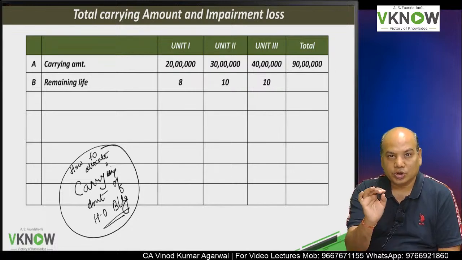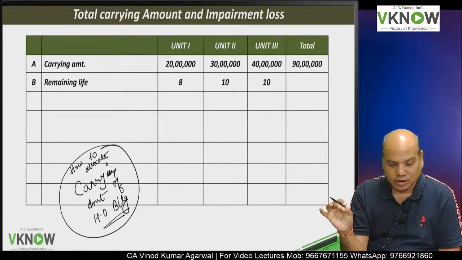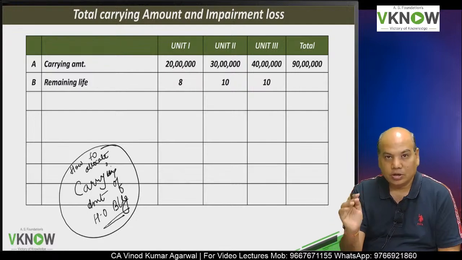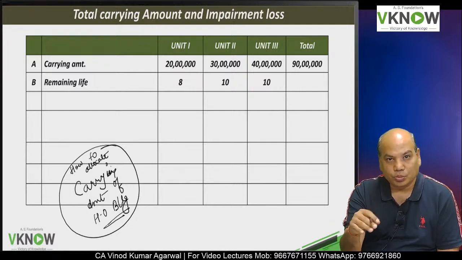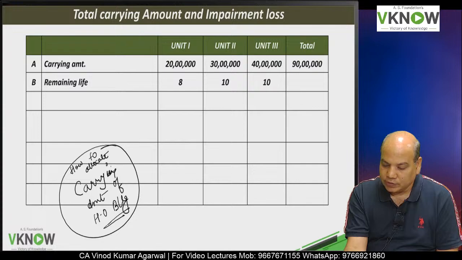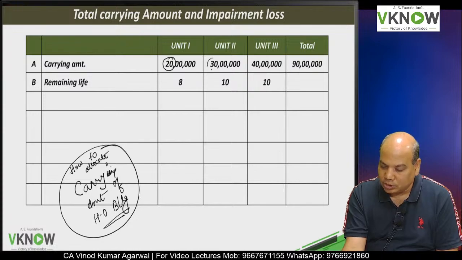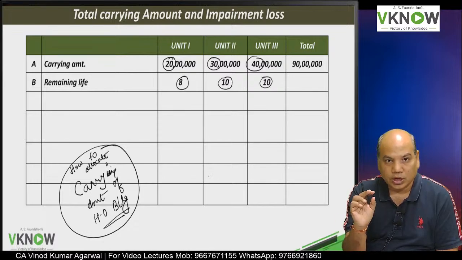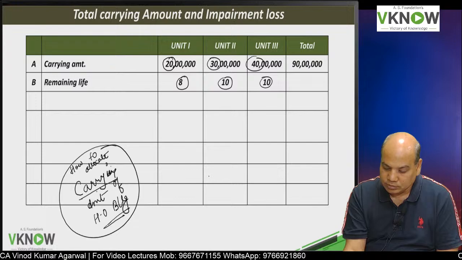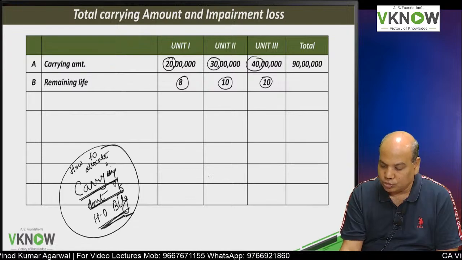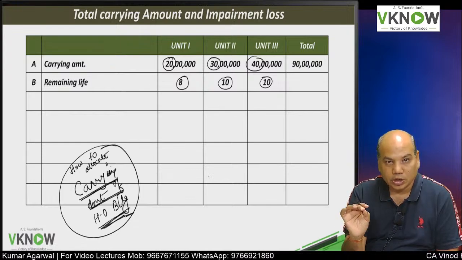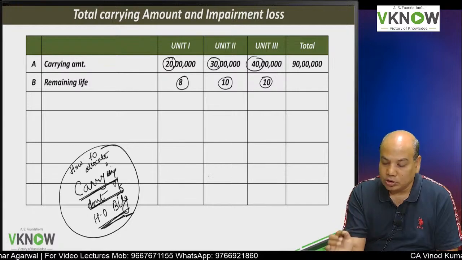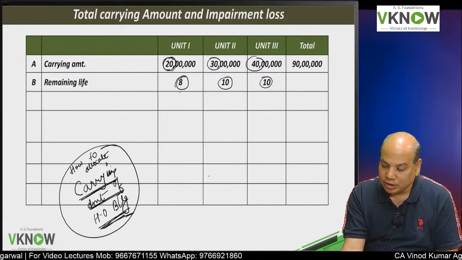So what the institute has done in the current example we are solving is that they have given weightage to both the factors. They have given weightage to carrying amount and also to life. So I am going to allocate the carrying amount of the HO building in the ratio of the product of carrying amount and remaining life.